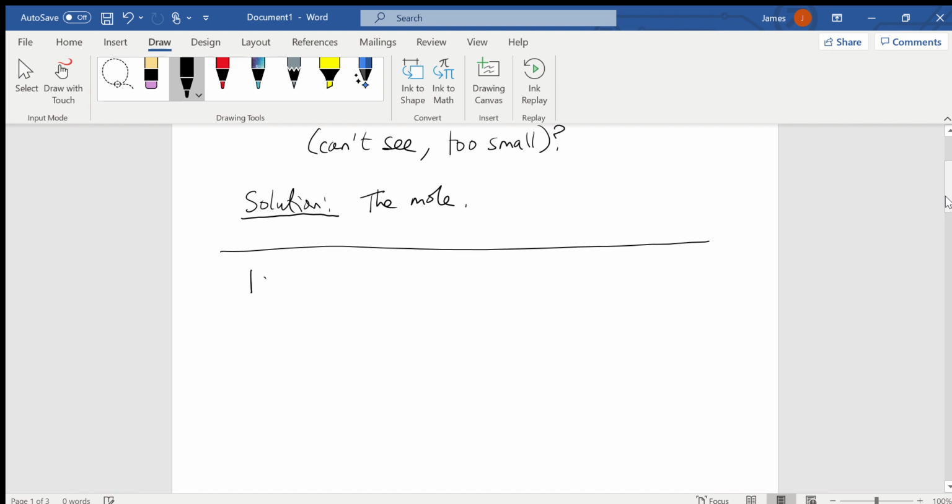So if one atom is too small to count, then let one become, this is one, not I. I'd hate to think that was I. Let one become a very large number.